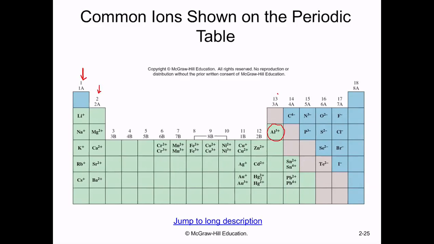Carbon sometimes forms an ion with a 4 negative charge, but most of the time, actually, carbon shares electrons. So you'll rarely ever see this species right here. Nitrogen and phosphorus are in group 5A. So group 5A forms ions with a -3 charge. Group 6A forms ions with a -2 charge. Group 7A forms ions with a -1 charge.